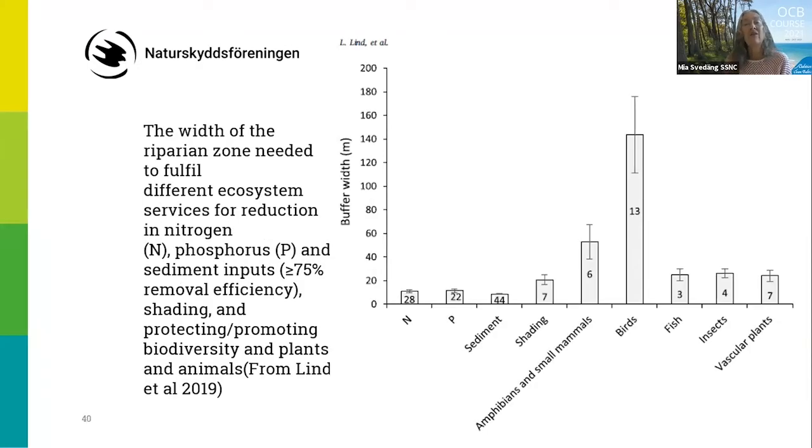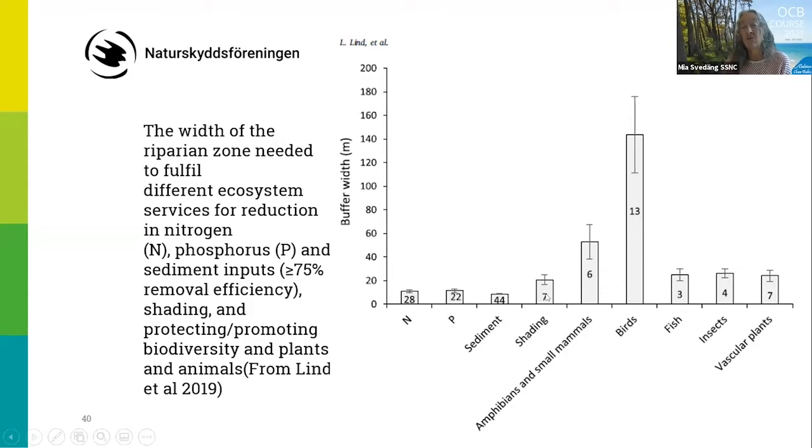And here's another picture showing differences in how big a buffer strip you need. The width of the riparian zone needed to fulfill different ecosystem services. For reduction of nitrogen and for reduction of phosphorus, you can have quite narrow strips, and also to take away sediments.